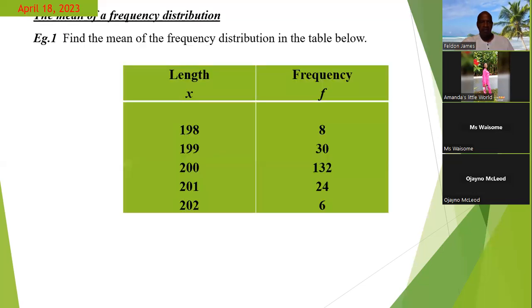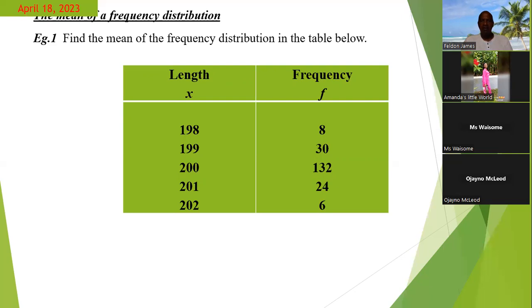Now, sometimes we will have to find the mean of a frequency distribution. Now, a frequency distribution table will give you pretty much more values than just a few, because when we look at the values that we were dealing with just now, we only had 5 values.